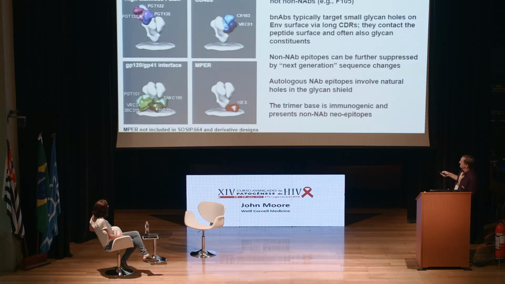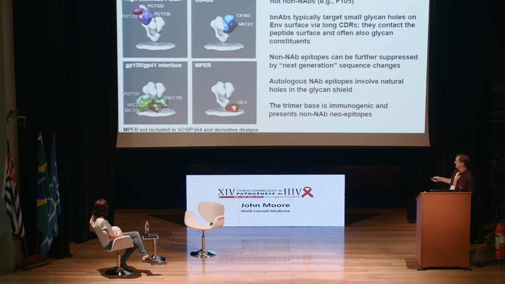It will not bind to monomeric subunits. It will not bind to misfolded trimers. It is totally specific. There's the Manos patch, PGT121, 126, and the CD4 binding site, VRC01, for example.